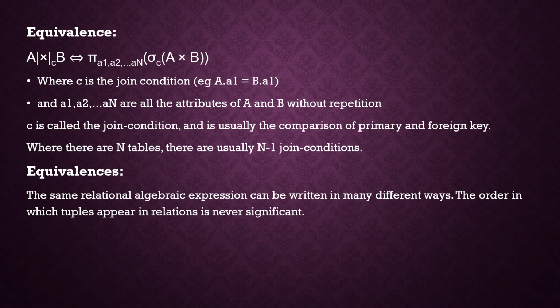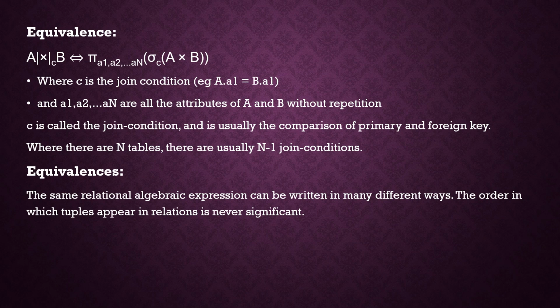For example, A dot A1 equal to B dot A1, and A1, A2 up to AN are all the attributes of A and B without repetition. C is called the join condition and is usually the comparison of primary and foreign key. Where there are n tables, there are usually n minus 1 join conditions, and some equivalences are there.